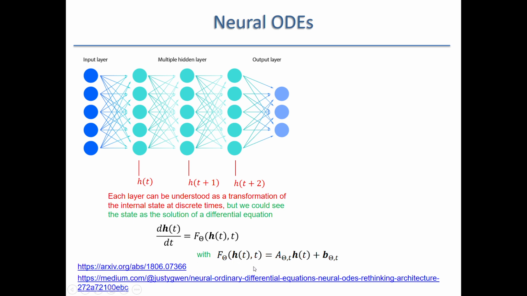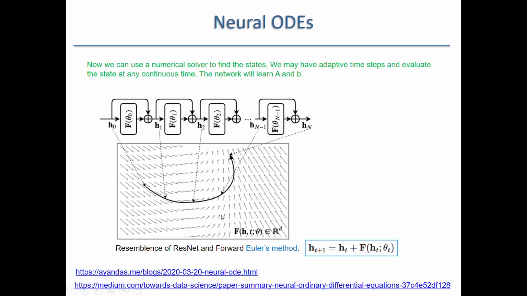For instance, here we can say this is a matrix with some weights that depends on the weights and time, and then they are applied to the internal state plus some bias. So it is a very simple function, and then each one of these layers can be understood as sampling the solution of this differential equation at these given times.